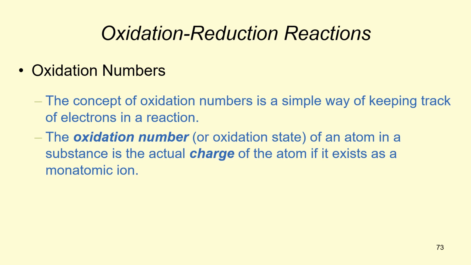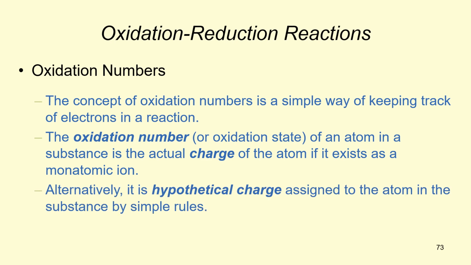So if it's an atom without a charge, it'll be 0. If it's a monatomic ion with a charge, then it'll be equal to that charge. But if we have a compound, the oxidation number is a hypothetical charge assigned to an atom in a substance, and we have to use simple rules. So let's go through the rules real quickly.